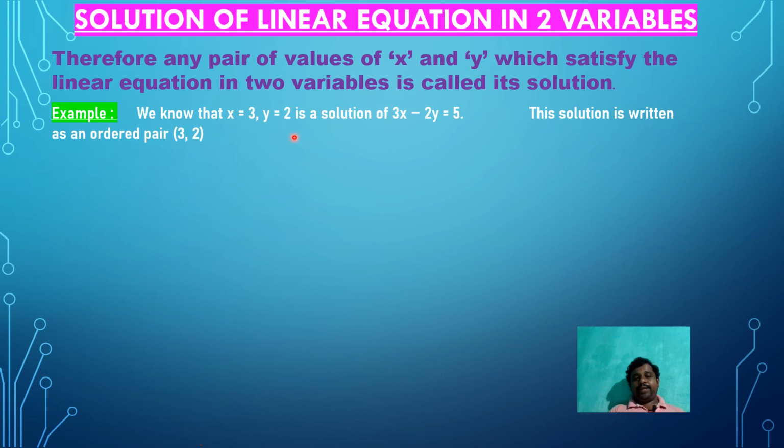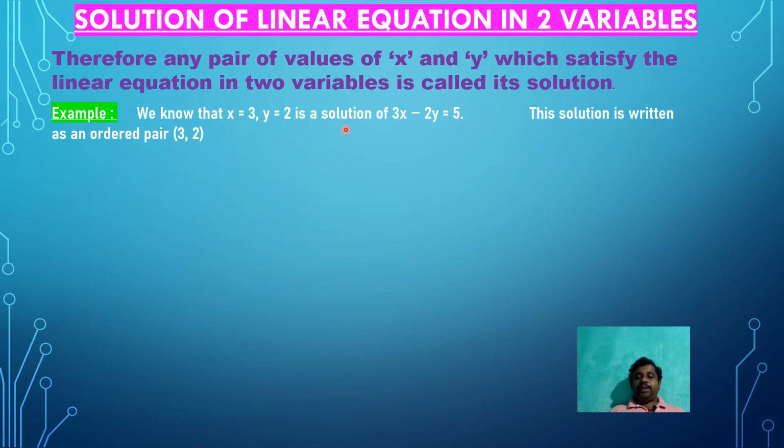I'm trying to write a solution for this. If x is equal to 3 and y is equal to 2, if we substitute x by 3, 3 times 3 is 9, minus y by 2, 2 times 2 is 4, 9 minus 4 is equal to 5.